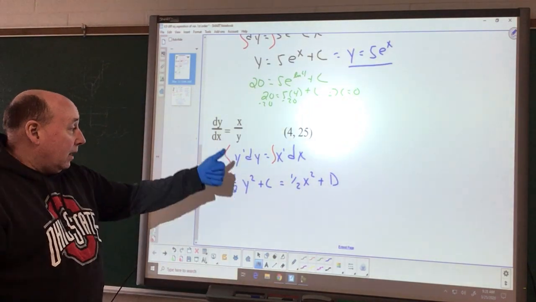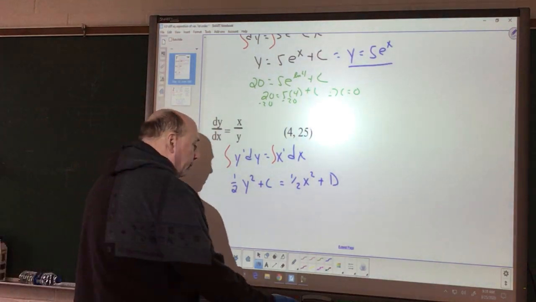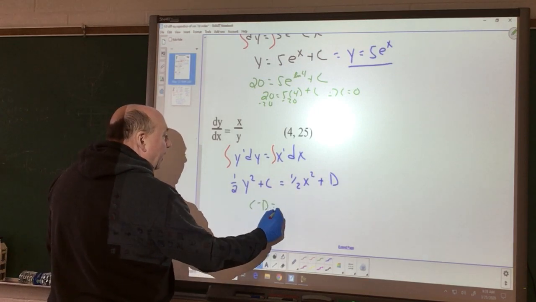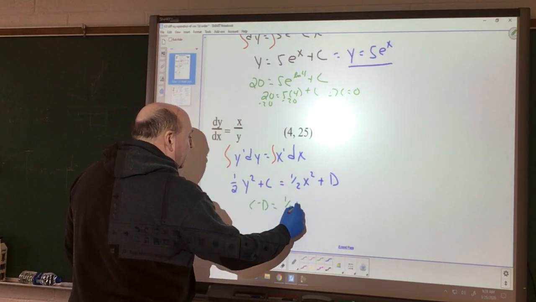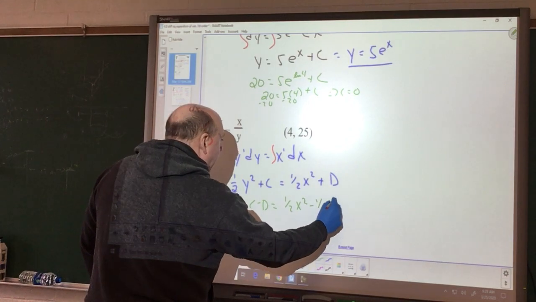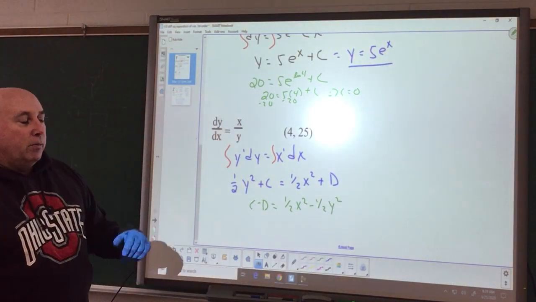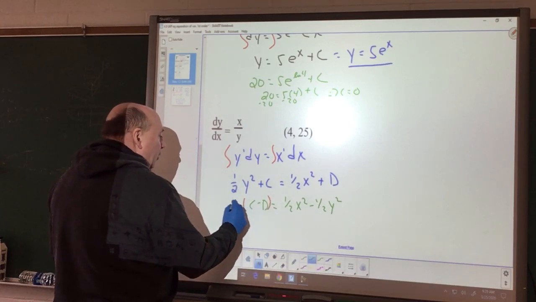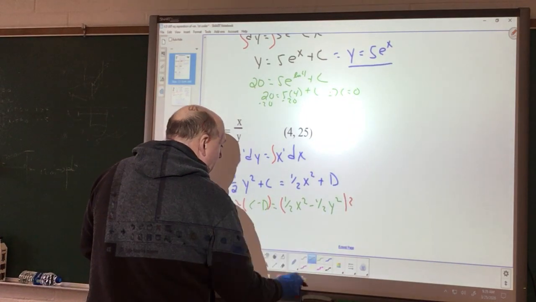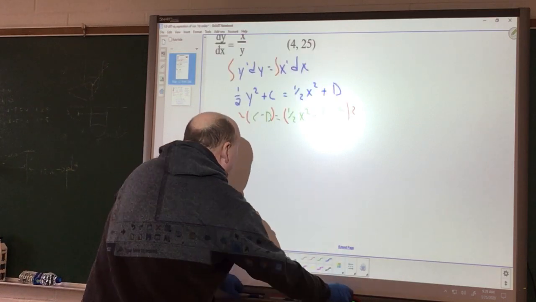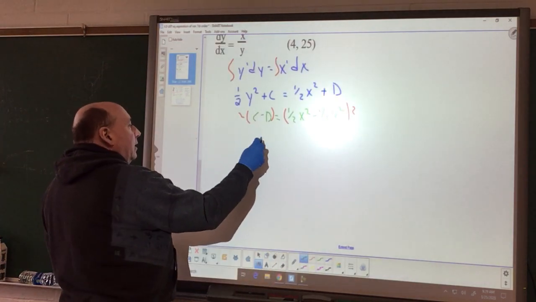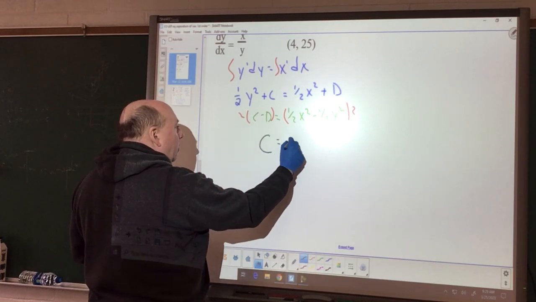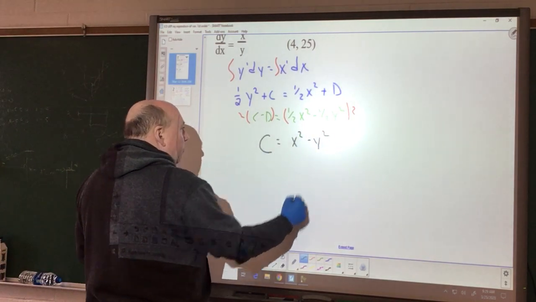If you remember what we did up top, we have c minus d is equal to 1/2 x squared minus 1/2 y squared. We multiplied through by 2. So when we put all this together, some constant c is equal to x squared minus y squared.